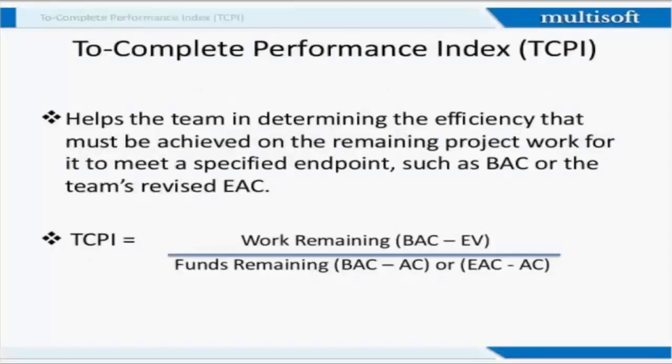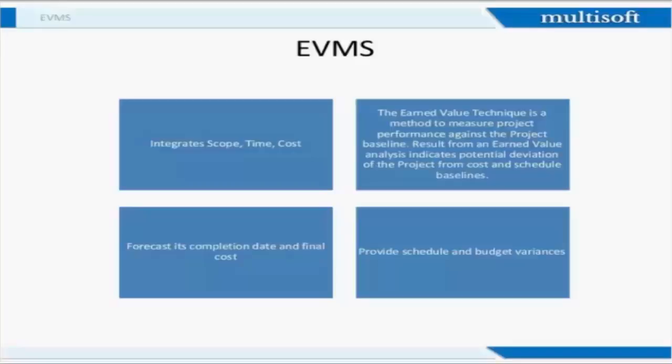Then note this down also, the to complete performance index. This is what we normally do in work remaining and fund remaining: how much work is remaining and how much is the fund remaining. Okay. So the advantage is that earned value management is a technique to measure project performance against the project baseline.